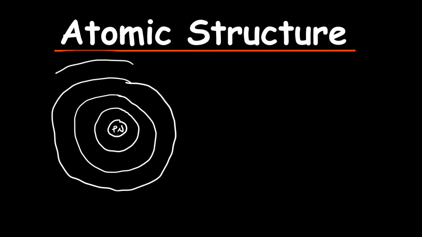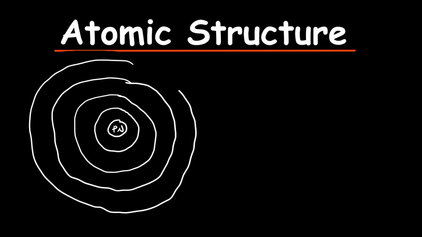These energy levels can go all the way up to infinity. We'll say that this is energy level number 1, so we'll call it N1, this one here will be N2, this one N3, and this one here will be N4.